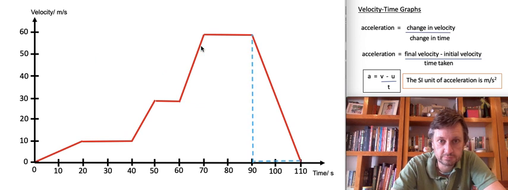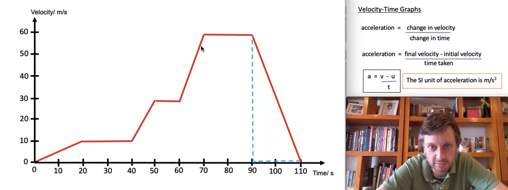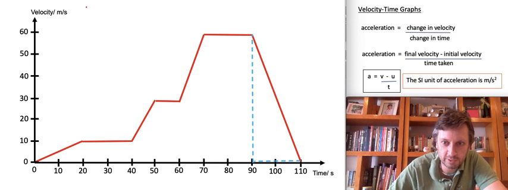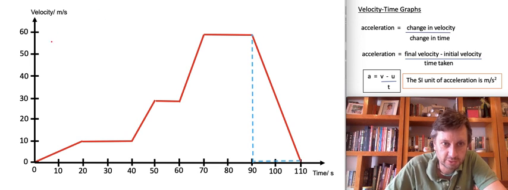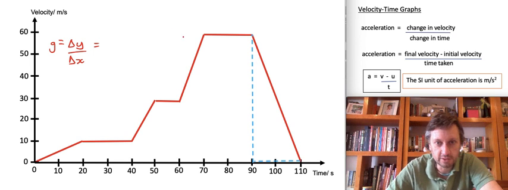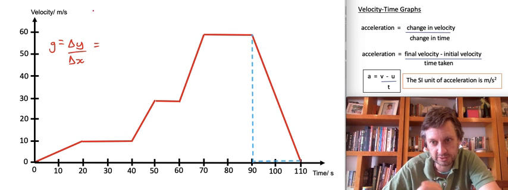Okay, that leaves us this final line at the end, which is a bit more tricky. So again, gradient is change in y divided by change in x. Okay, so my change in the y value is going to be my finishing velocity minus my starting velocity, and this is where it's a bit strange.